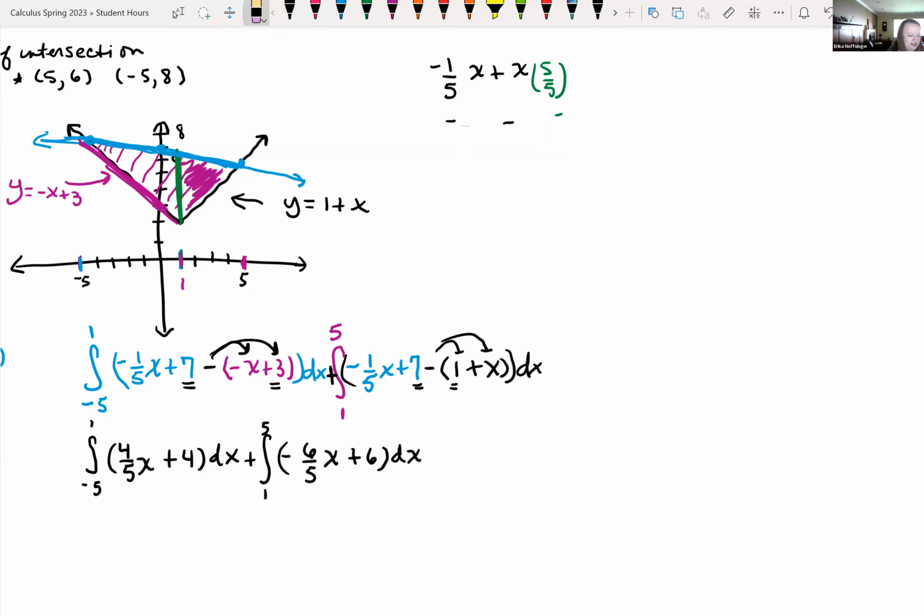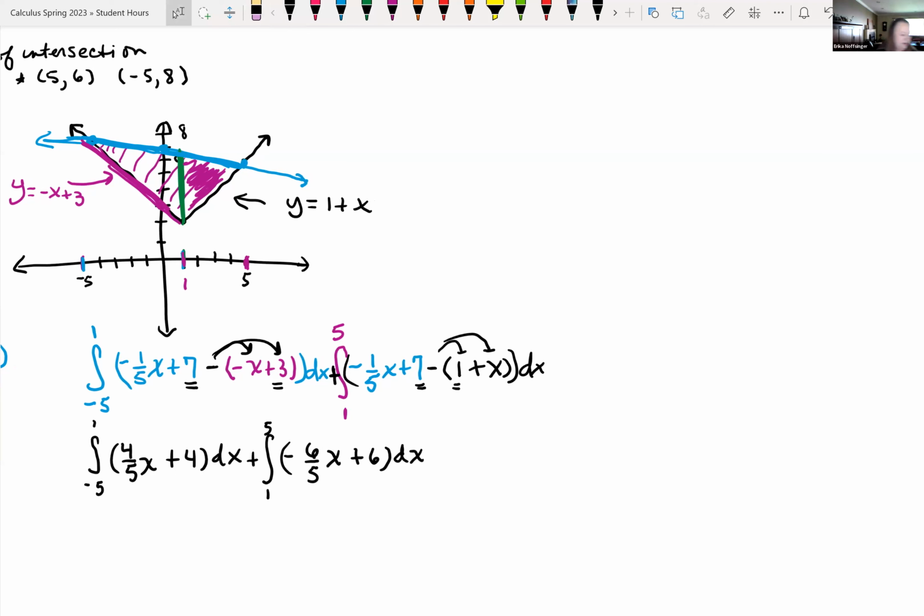Okay, so now I have a simplified integrand, which will just make our life easier once we take the antiderivative. So adding 1 to our exponent for that 4/5 x, we would get x squared, divided by our new exponent, which is 2.